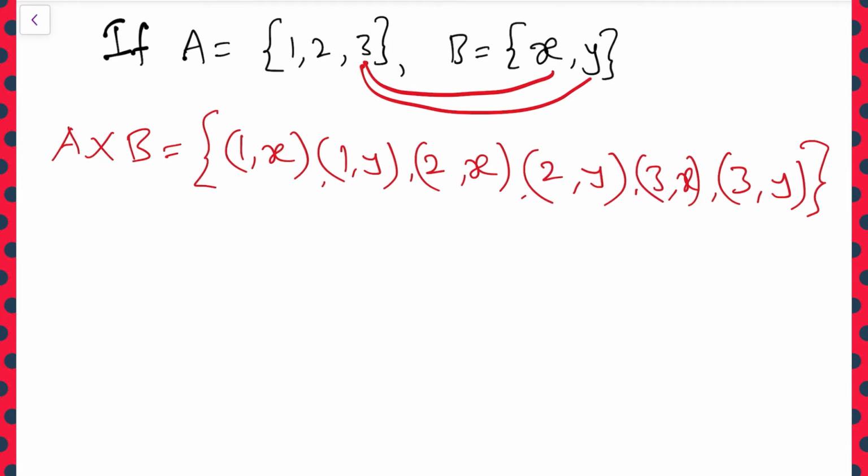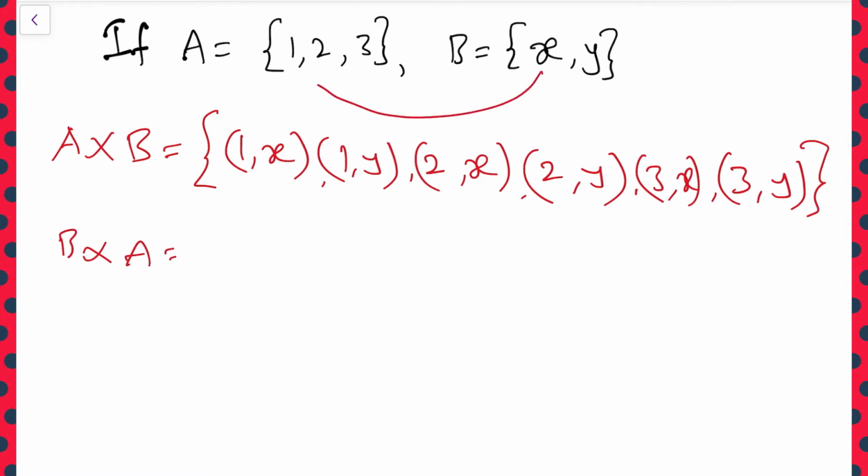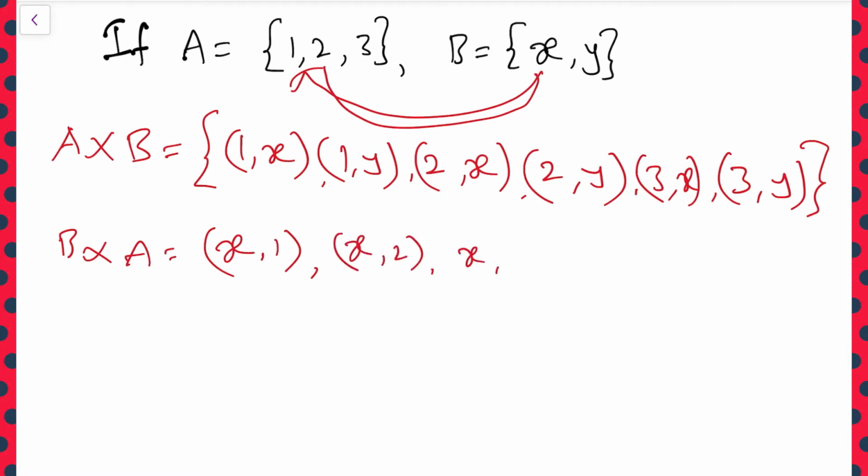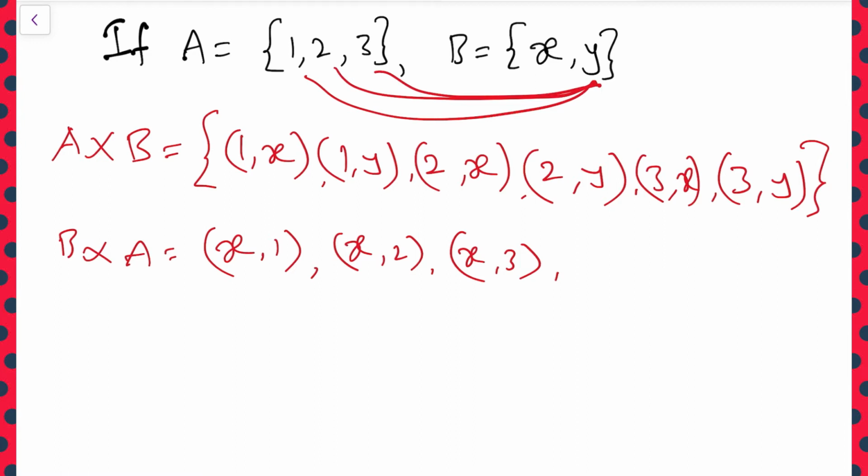Then he is also asking in reverse, that is B cross A. Cartesian product from set B to set A. (x, 1), (x, 2), (x, 3). Now if you go with the second element, (y, 1), (y, 2), (y, 3).